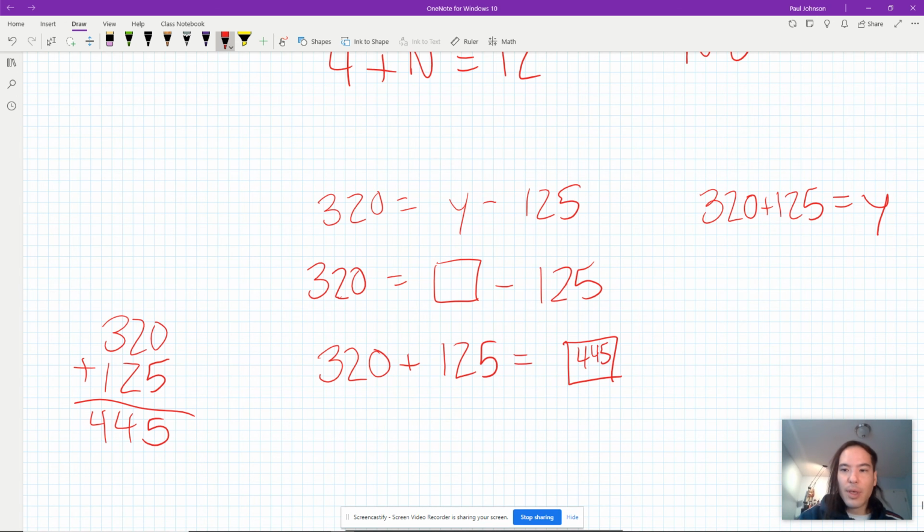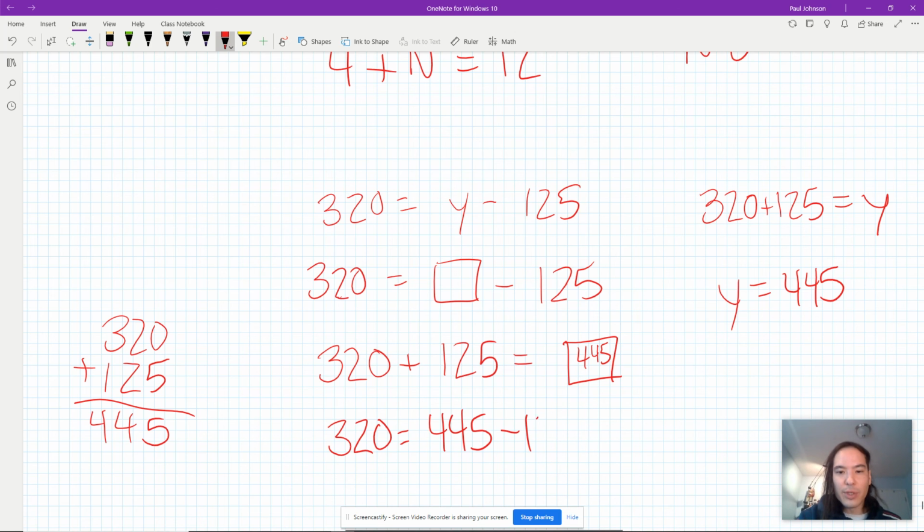So y is equal to 445, because if I put in 445 for y, 320 is equal to 445 minus 125. That is true, because 445 minus 125 is 320. So 320 is equal to 320.